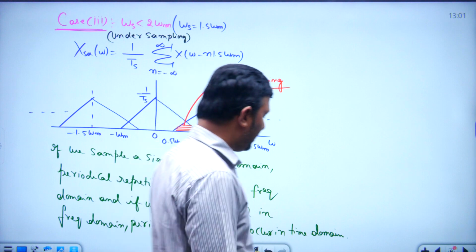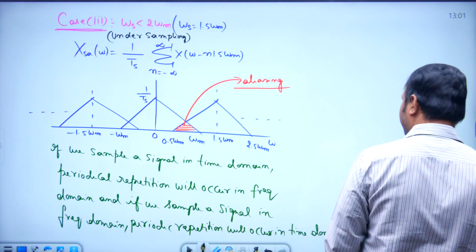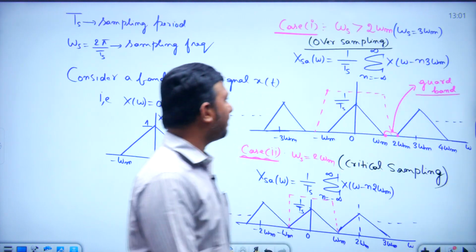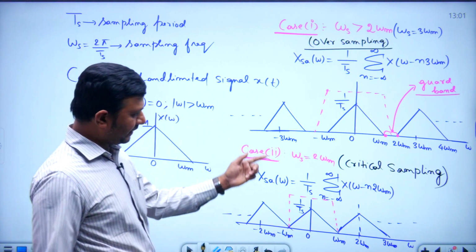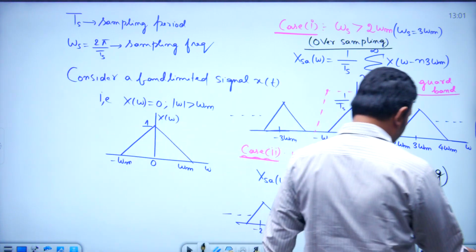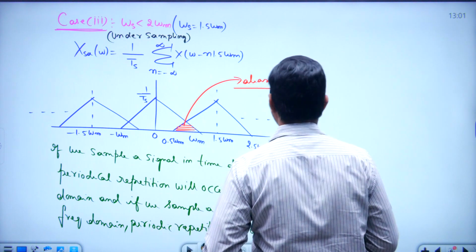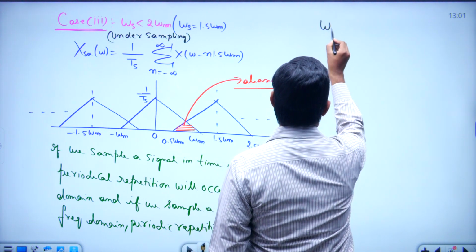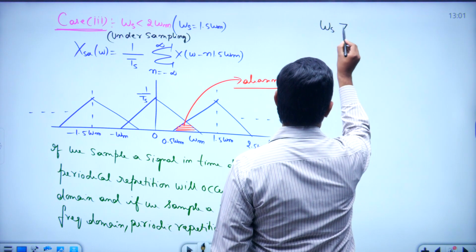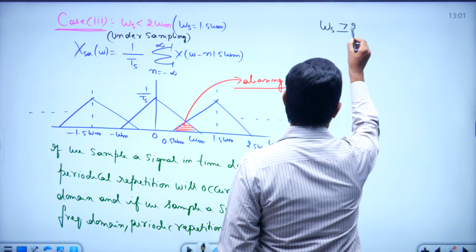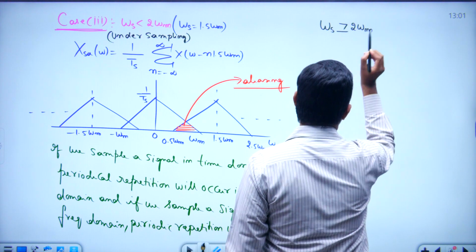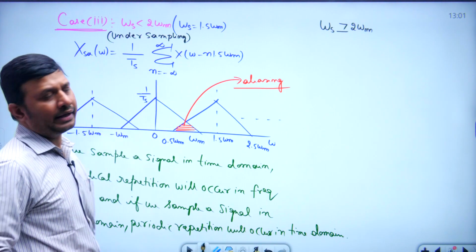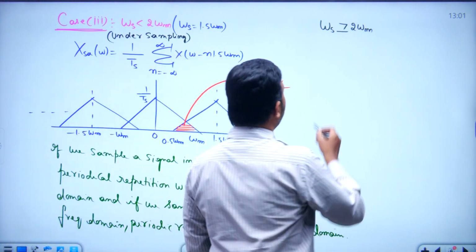And the second point is, see, in which of the cases can you retrieve your original spectrum back? The first case and second case, right? The third case we cannot reconstruct. So, we can reconstruct the original spectrum if the sampling frequency omega s is greater than or equal to 2 omega m. What is the minimum value here?